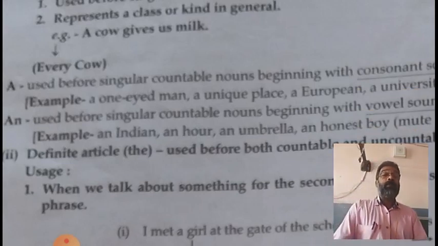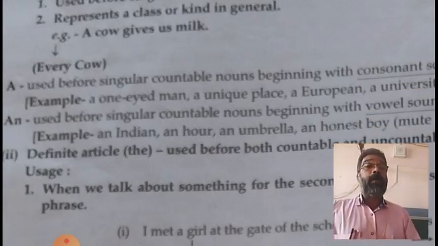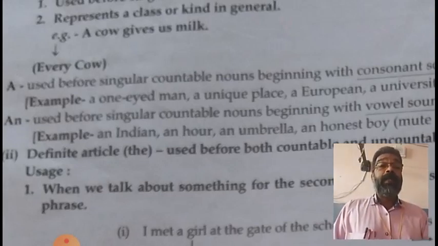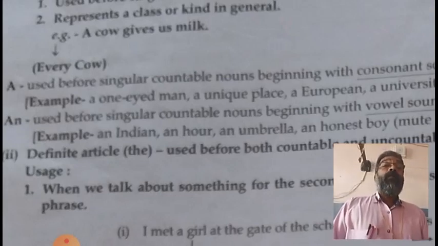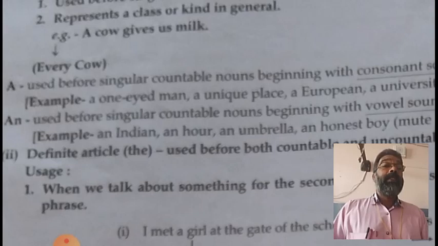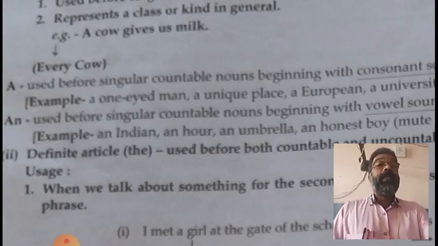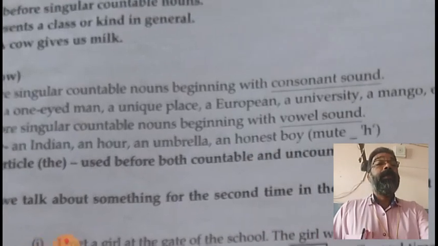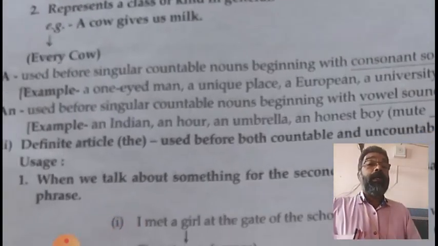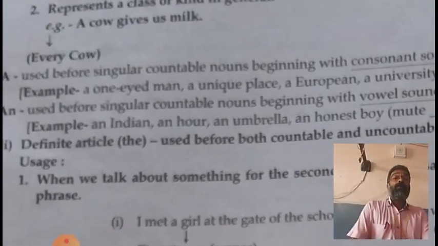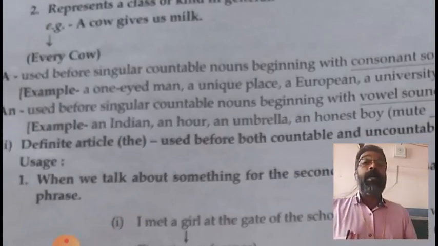Example: a one-eyed man, a unique place, a European, a university, a mango. So these are examples of the use of a before nouns.